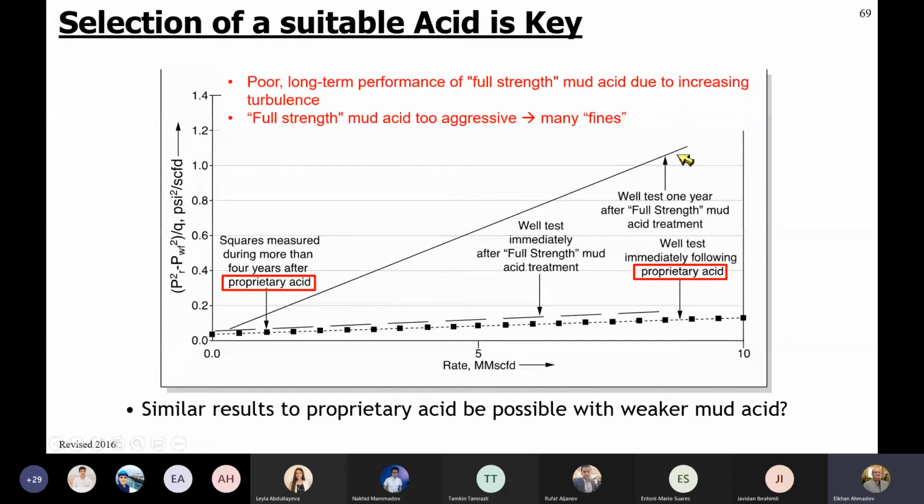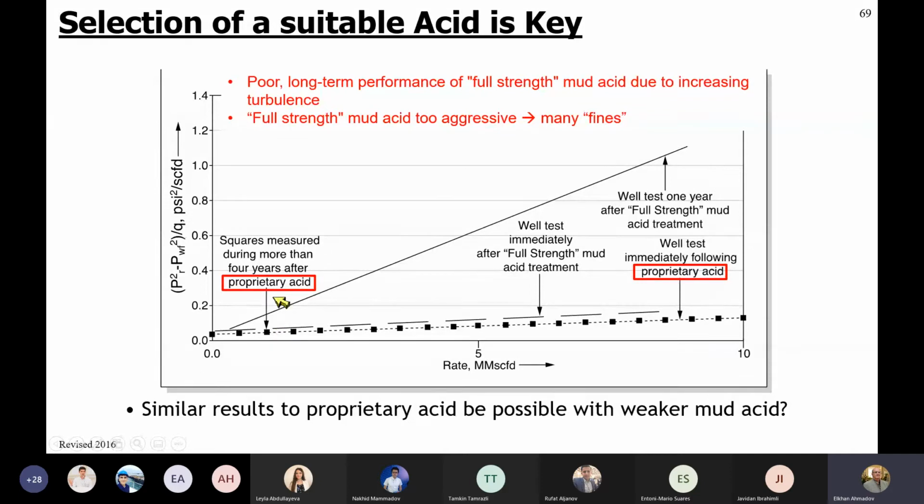Sorry, the pressure change. But using the proprietary acid, it worked for more than 40 measured squares. So this is the 4 years effect of the proprietary acid.